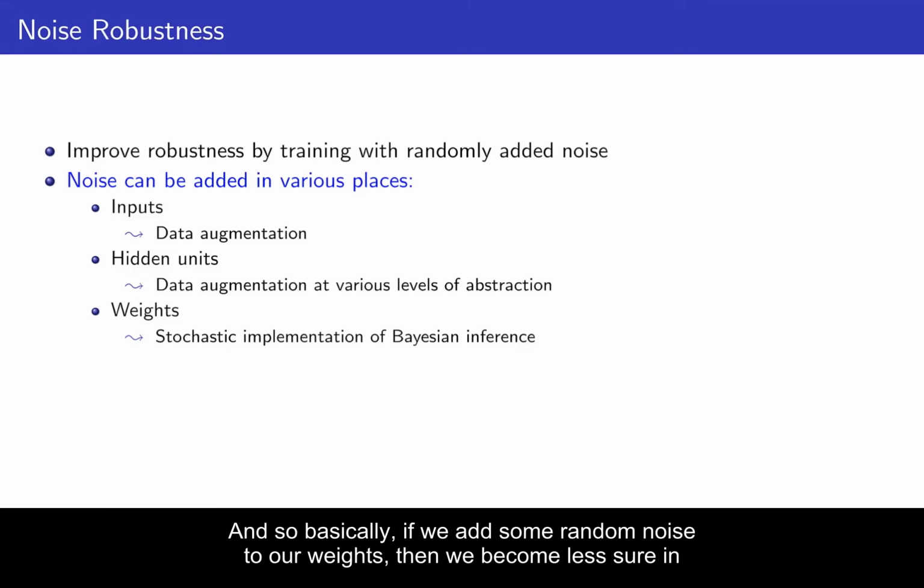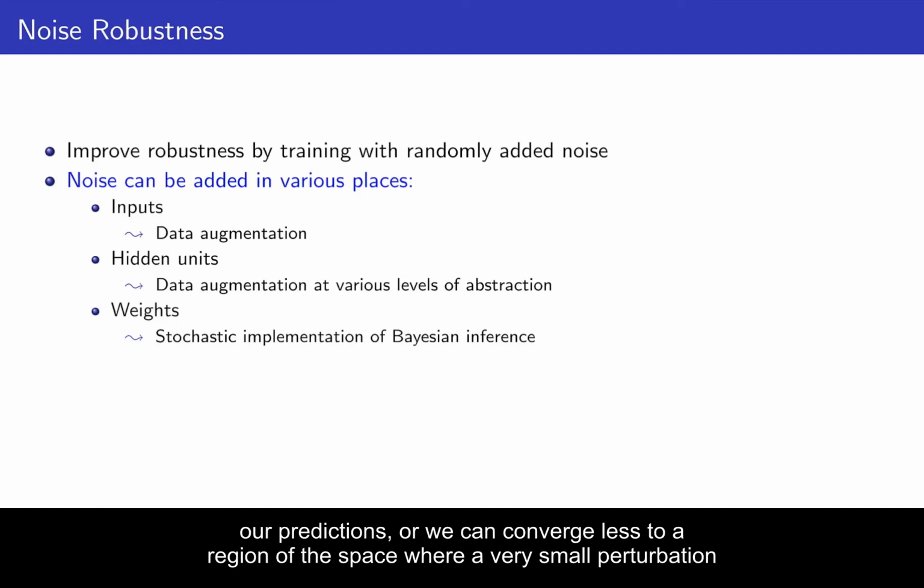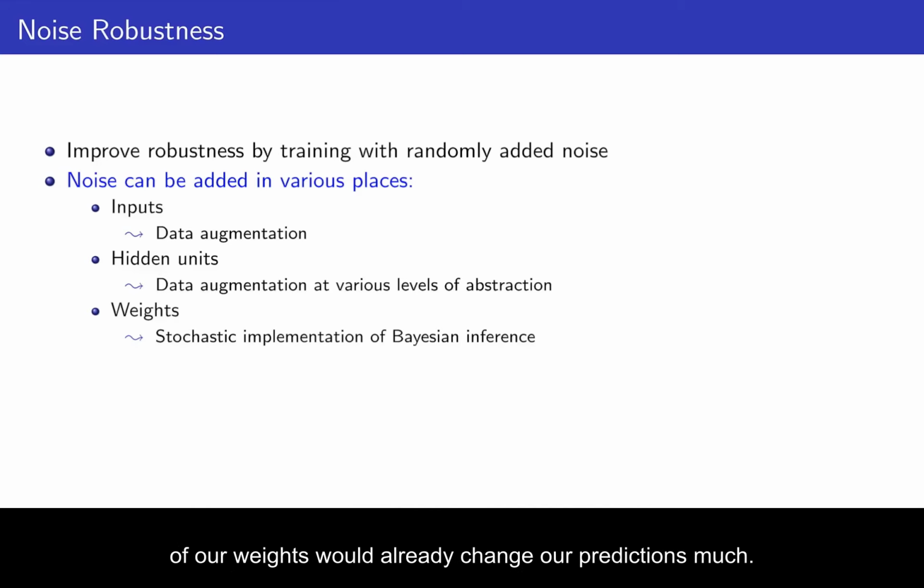Basically, if we add some random noise to our weights, then we become less sure in our predictions, or we converge less to a region of the space where a very small perturbation of our weights would already change our predictions much.